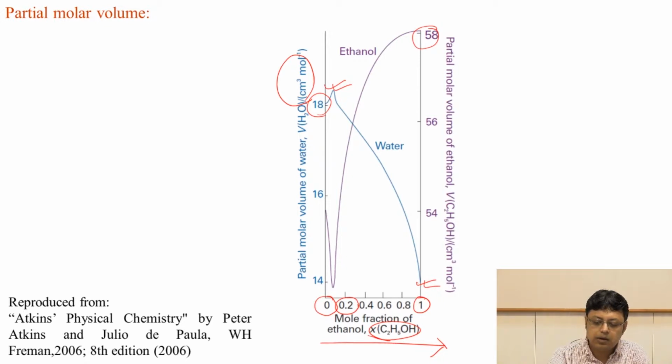Ethanol similarly starts from nearly 0; the 0 point is not shown because there is a sharp rise and then a dip, and for pure ethanol it is 58. The interesting point is that if you add these two molar volumes, the sum never follows the total volume.